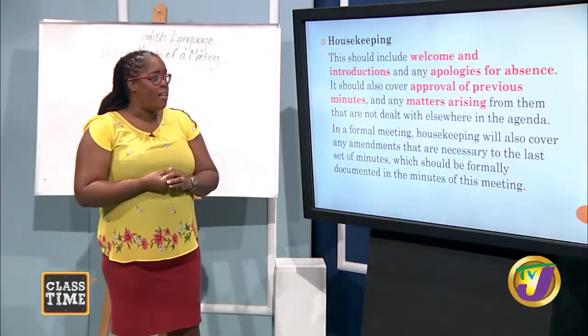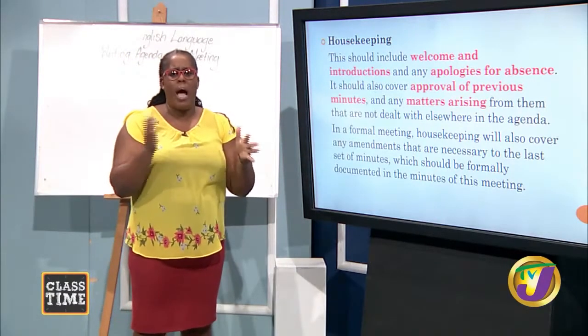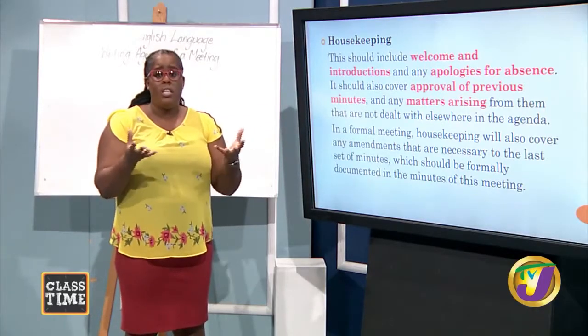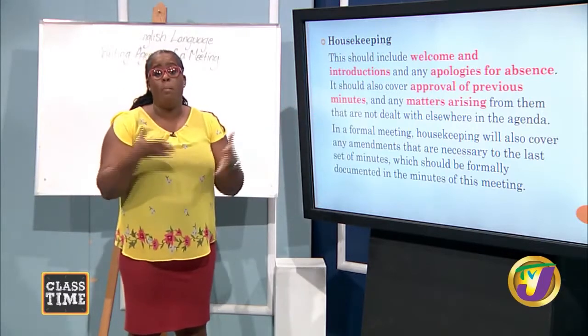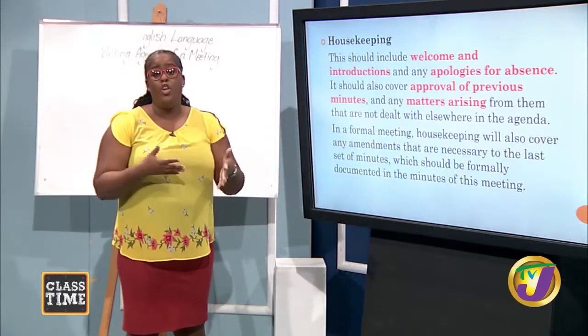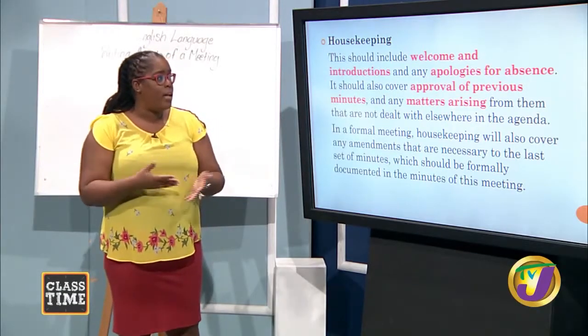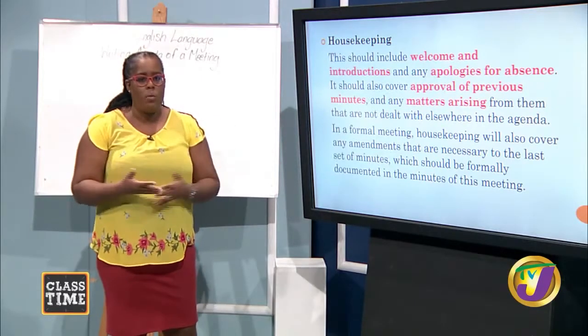And any matters arising from the previous meeting that were not able to be discussed, right? So all these housekeeping things are very, very important. So they must be included in your agenda. So the welcome and introductions, apologies for absence, approval of previous minutes, and matters arising must be included in your agenda.